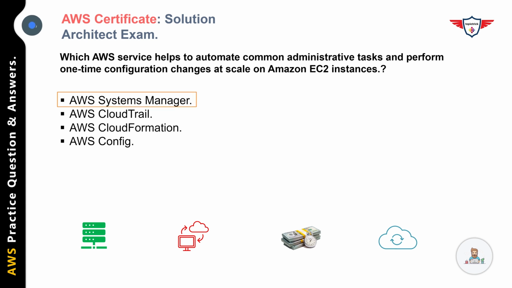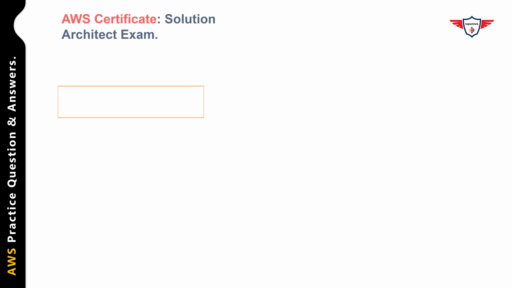You can use Systems Manager to remotely and securely manage the configuration of your managed instances. A managed instance is an EC2 instance or an on-premises machine in your hybrid environment that has been configured for Systems Manager. With Systems Manager, you can automate common administrative tasks and perform one-time configuration changes at scale.